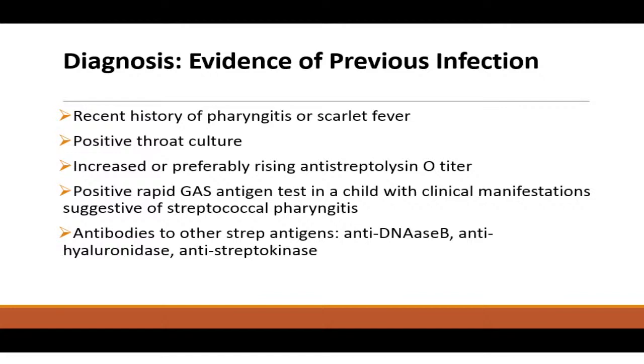Also the presence of some other specific antibodies: anti-DNase B, anti-hyaluronidase, anti-streptokinase. The most classic is the anti-streptolysin O titer, but if you have some doubts, you may check for other antibodies. So as I said, to make the diagnosis we must prove evidence of previous infection, and these are methods by which you may prove it and detect this infection.